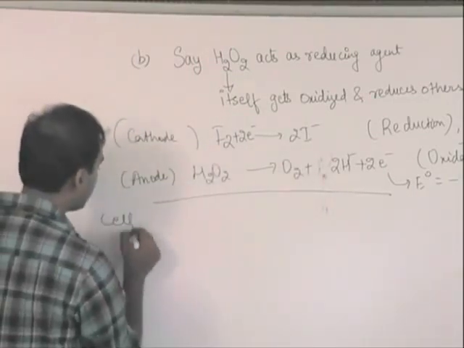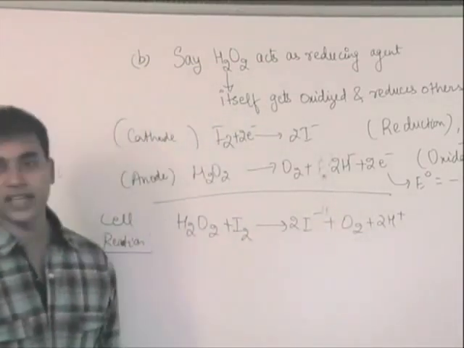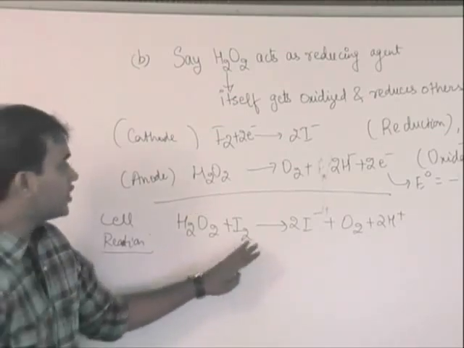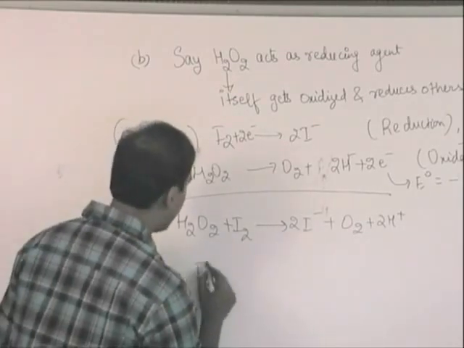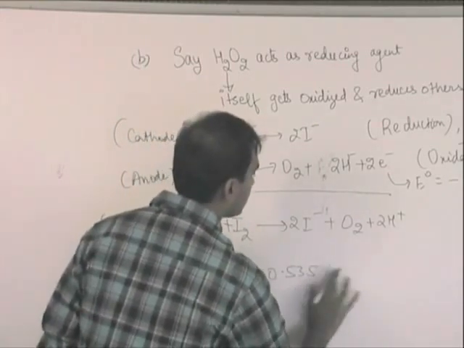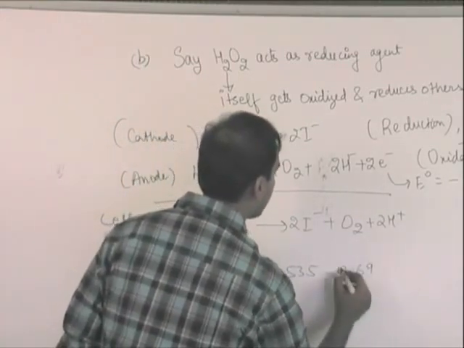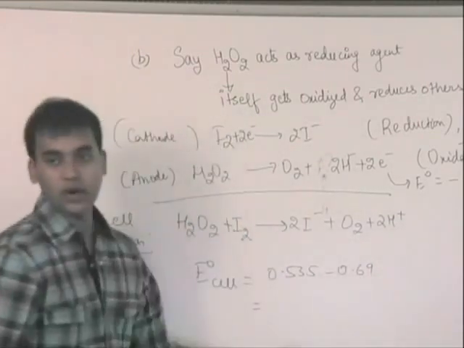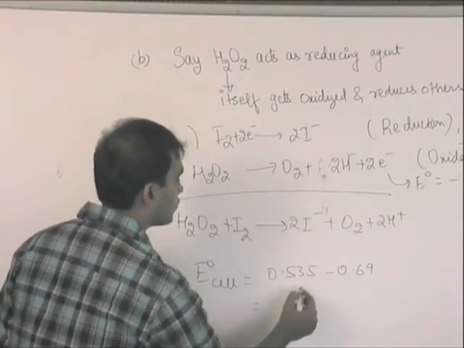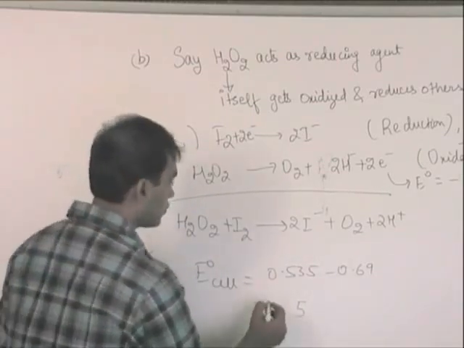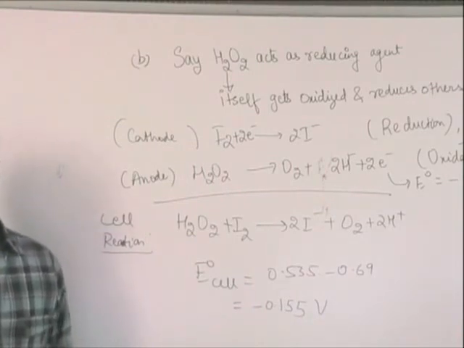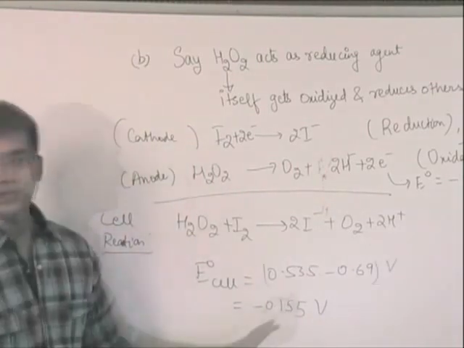What will be the cell reaction? This will be the cell reaction, right? Now, if this is the cell reaction, what will be the E0 cell? 0.535 minus 0.69. What is it coming out to be? Minus 0.155 volt, right? Fine.